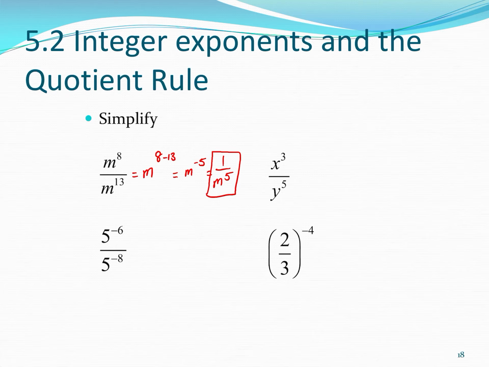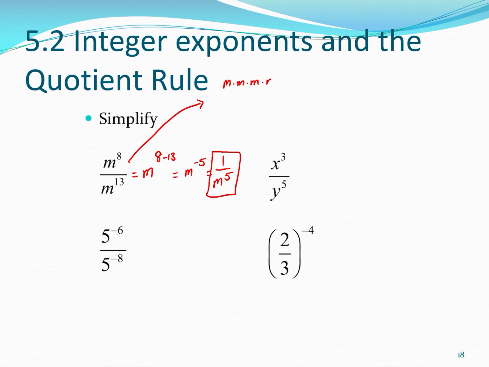But a couple of issues that you might run into. Sometimes people want to say 13 minus 8 and put 5. Well, m to the 5th is different than m to the negative 5th. If you do the subtraction right and you end up with a negative exponent, sometimes dealing with that negative exponent is also difficult for some people. And so there are some potential issues that you could run into.